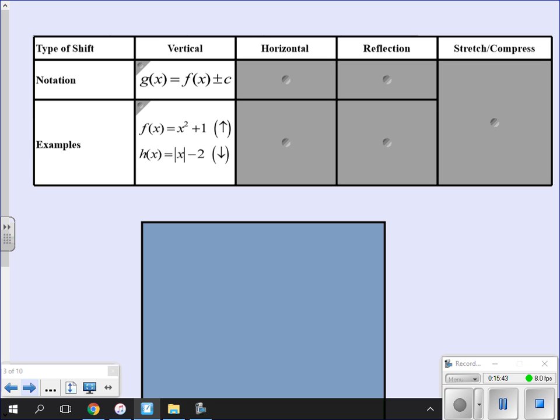What's inside the absolute value, the smallest it could be would be 0. But if I take 0, that's where it normally would be, and then I subtract 2, that's going to move the whole thing down. Okay, does that make sense? Yeah. What's inside the absolute value will never be smaller than 0. But if I have something outside, that just moves the whole thing up and down. Because I take 0 and subtract 2, I move everything down too.